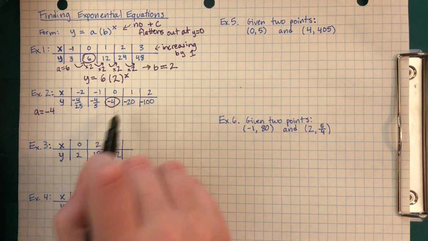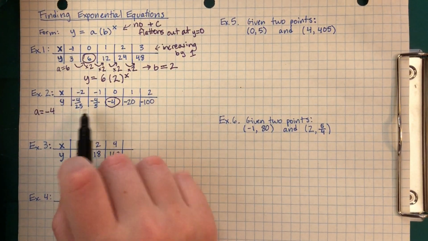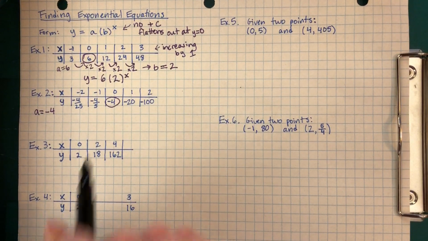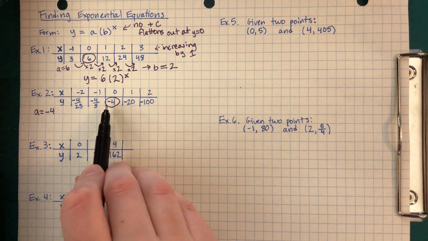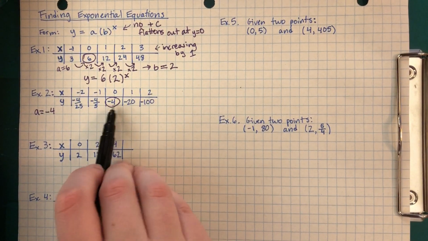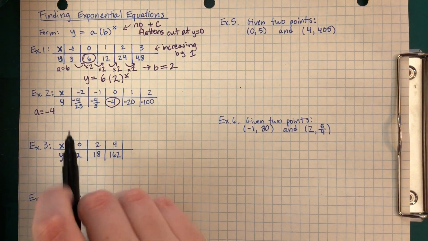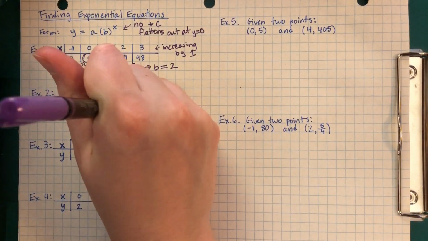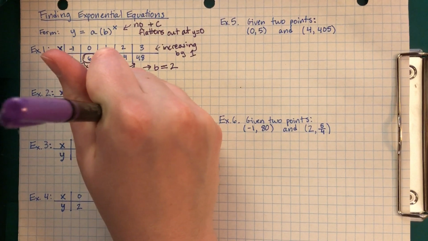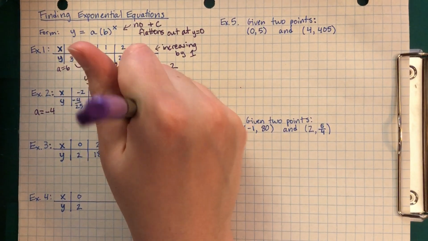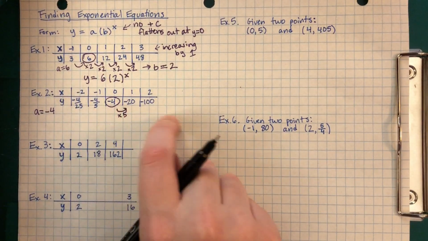You can pick any two of the y values to investigate. It's probably easiest to ask what number I need to multiply between these two, but any two of these would work. So yeah, it is times 5. And let's make sure this pattern holds.